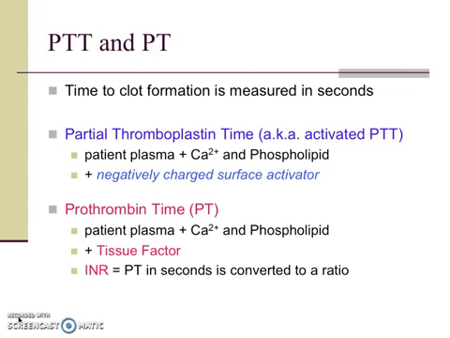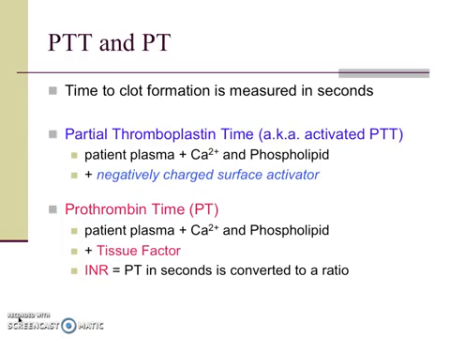To measure the PTT and PT, we draw the patient's blood into a tube containing sodium citrate, also known as the blue top tube. The time to clot formation is measured in seconds. In the PTT test, we add back calcium, phospholipid, and a negatively charged surface activator such as kaolin, which directly activates factor 12 in the patient's plasma in the test cuvette.